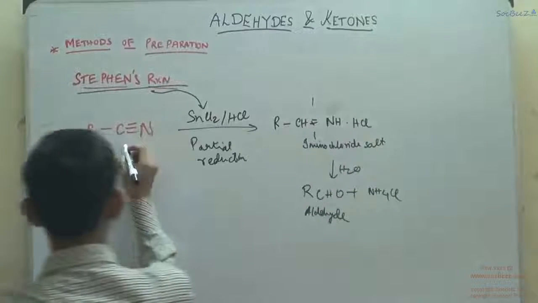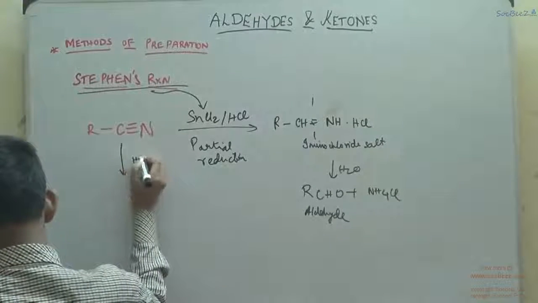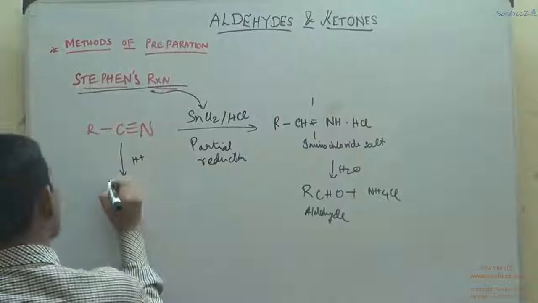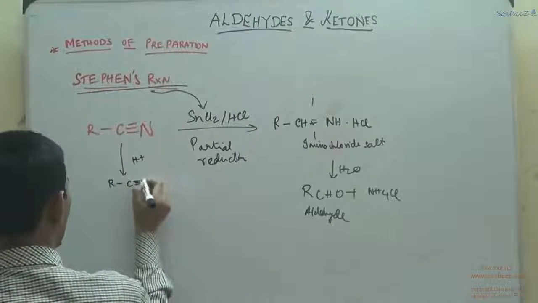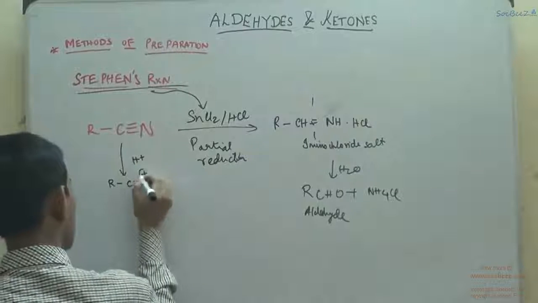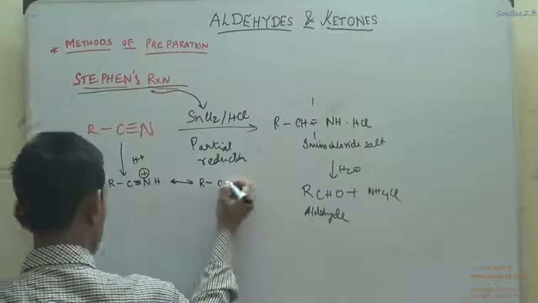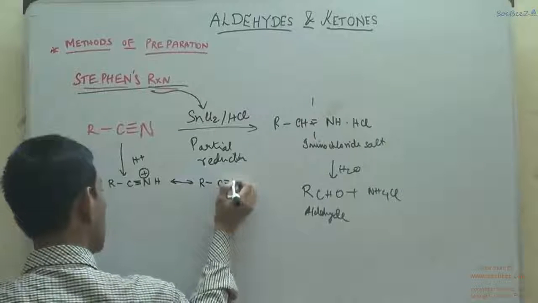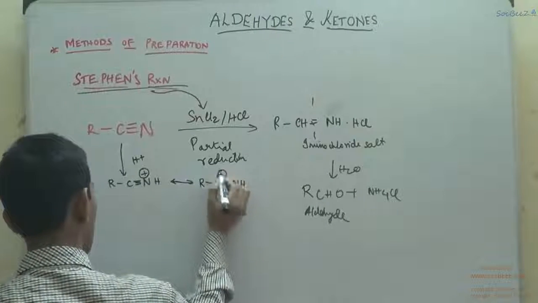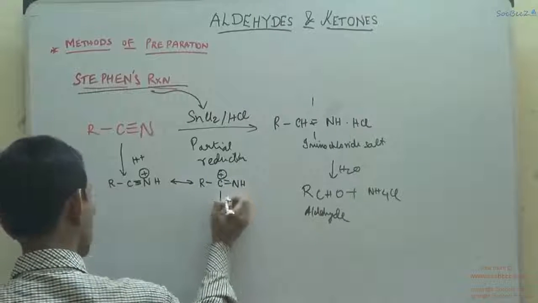What happens? First protonation, so RC triple bond NH plus. I am taking its resonance structure, that is RC double bond NH, with positive charge on the carbon, becoming the more stable resonance structure.